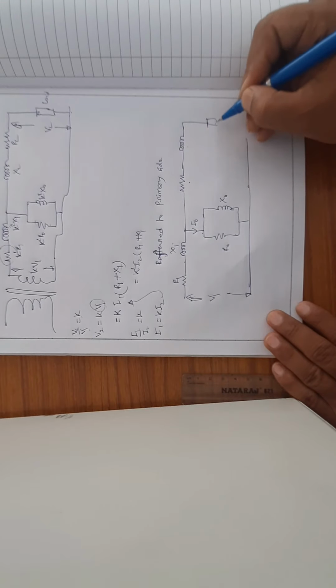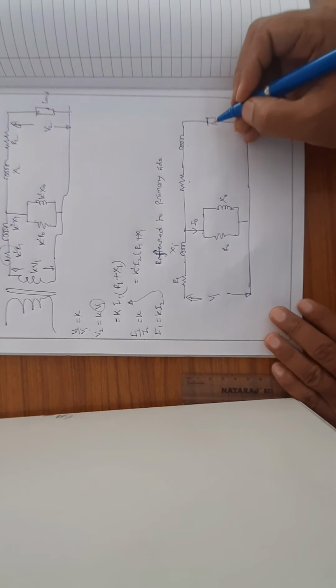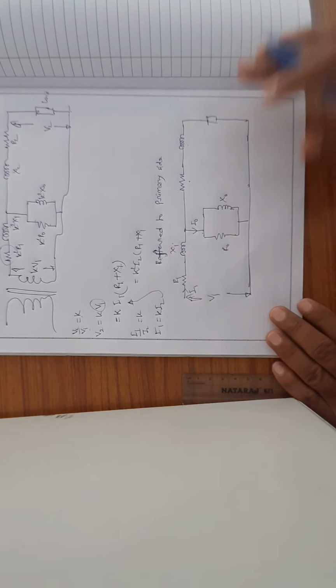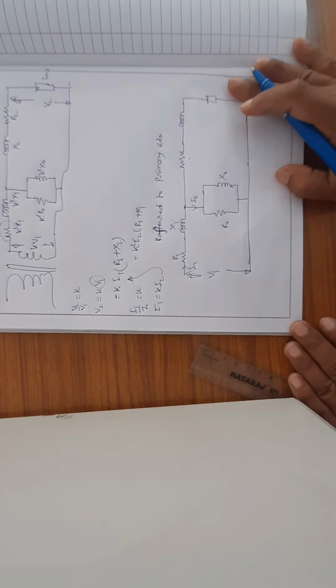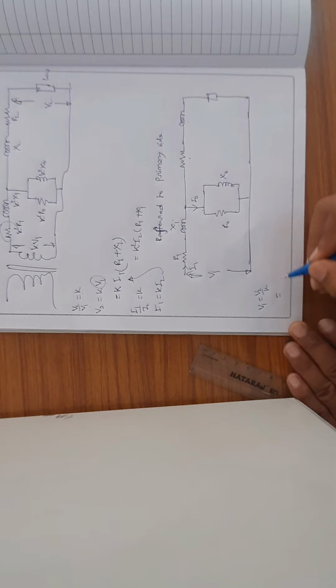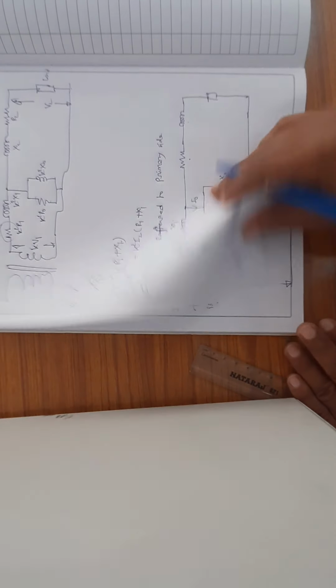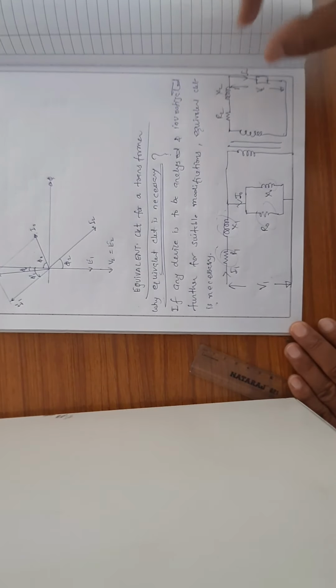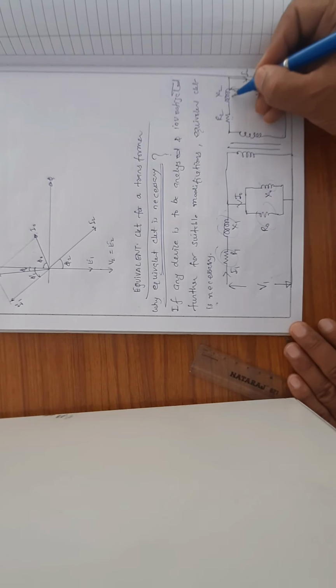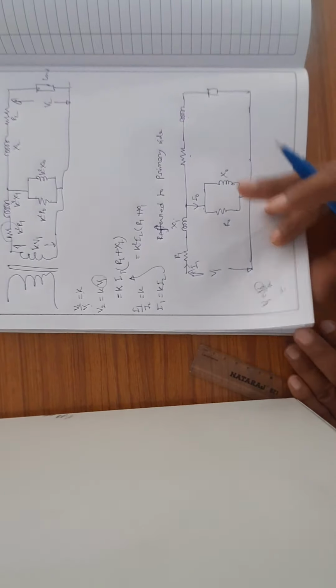What will be the value of secondary terminal voltage? Current is I1. In the previous manner, we know that V1 equal to V2 upon K and what is the value of V2? The current I2 R2 plus I2 X2.